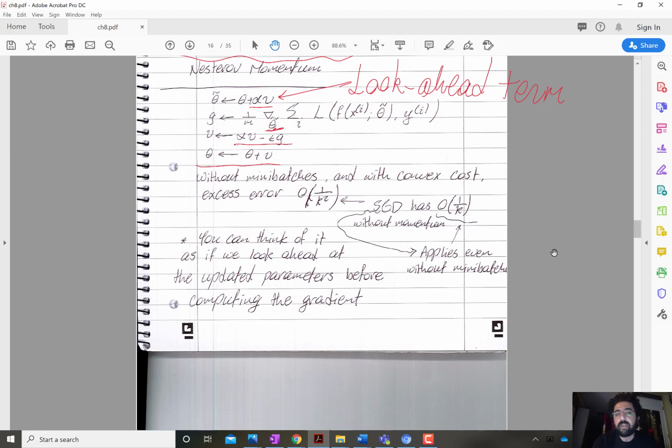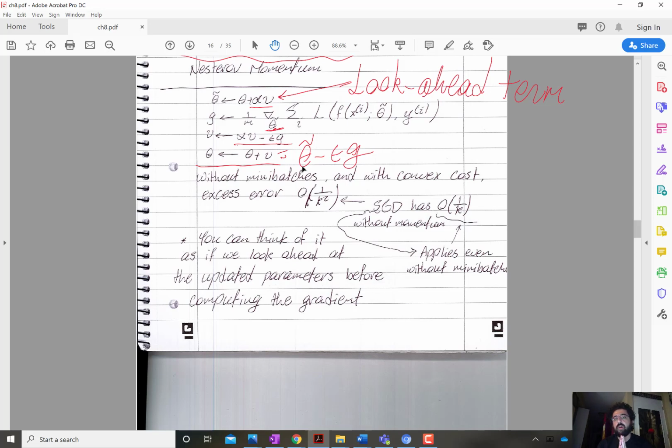So here, this theta plus v, you can also think of it as theta tilde minus epsilon g. After updating the theta to theta tilde, it looks like stochastic gradient descent. You compute the gradient, and then you update your parameter as theta tilde minus epsilon times the gradient, in the negative gradient direction with a step corresponding to the learning rate.